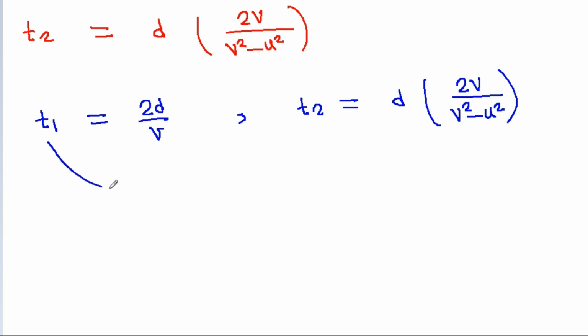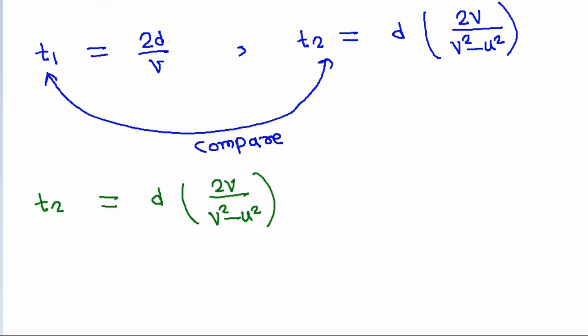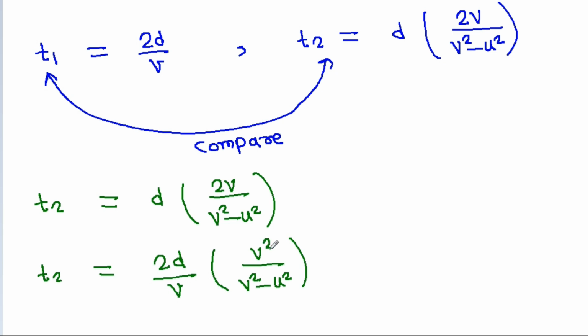And now we have to compare which is greater. We have to compare both the values of time. So we have T2 is equal to D times 2V by V square minus U square, and T2 is equal to 2D times V by V square minus U square, and if we divide by V and multiply by V, then 2D by V is T1.